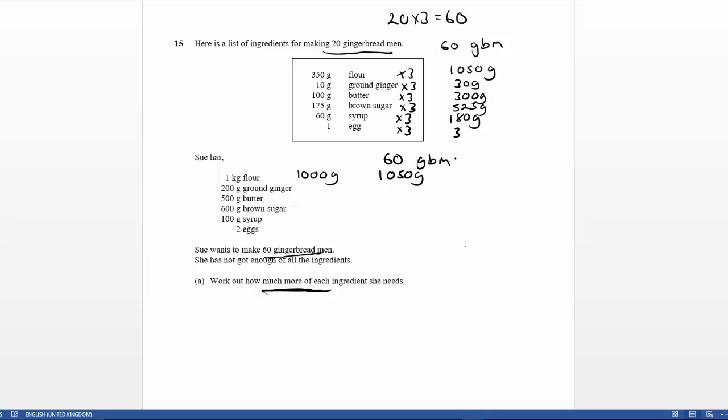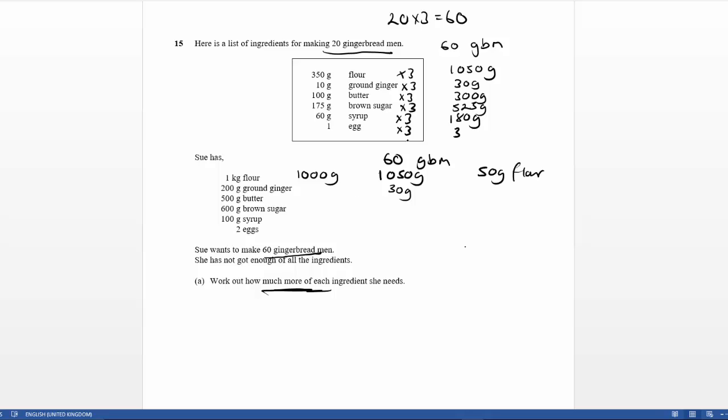So basically she needs to get 50 more grams of flour. Let's look at the second one. We need 30 grams of ground ginger. We have enough of that already, so we don't need any more.